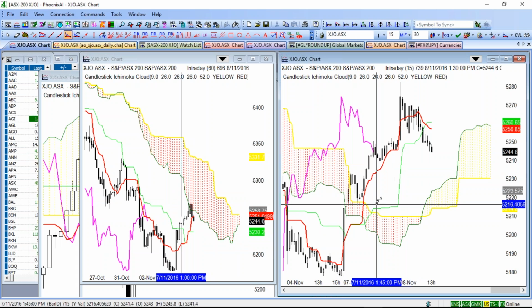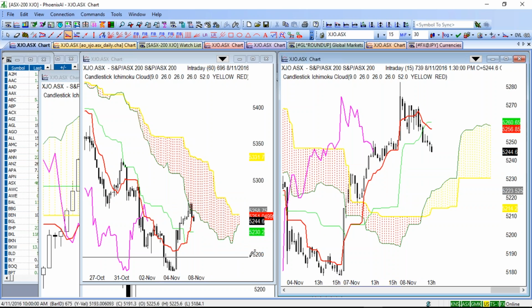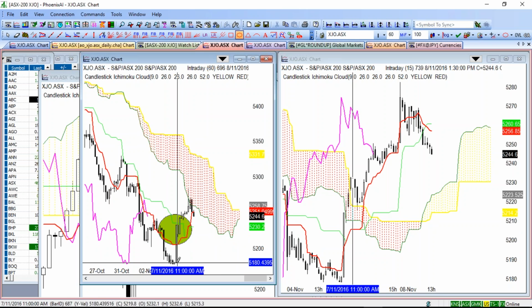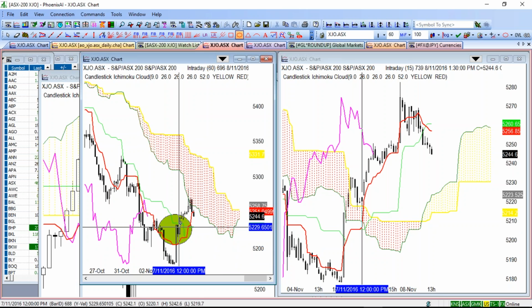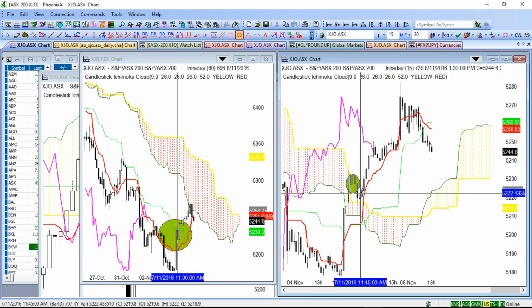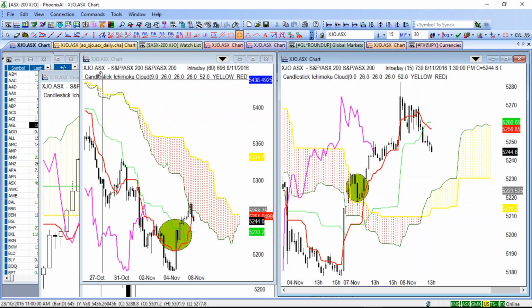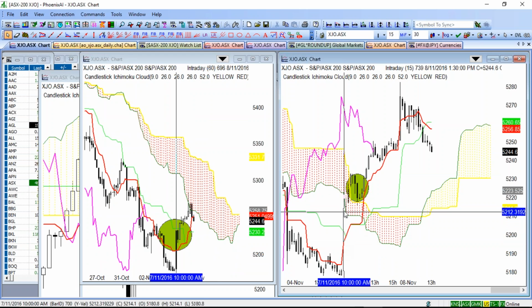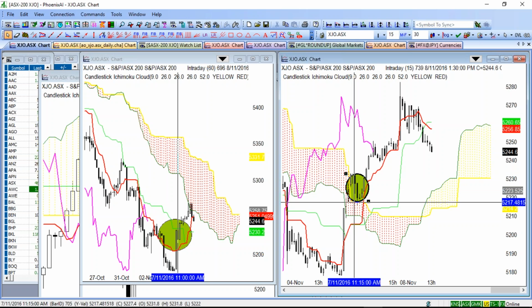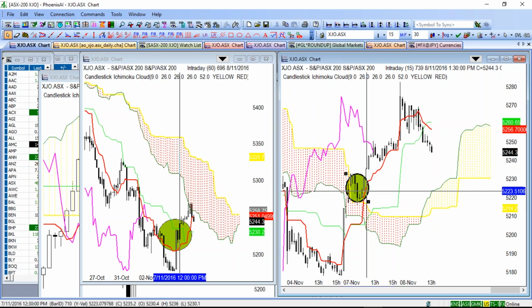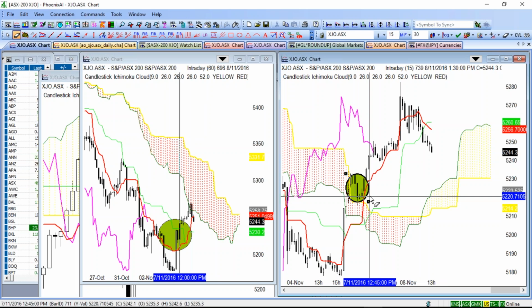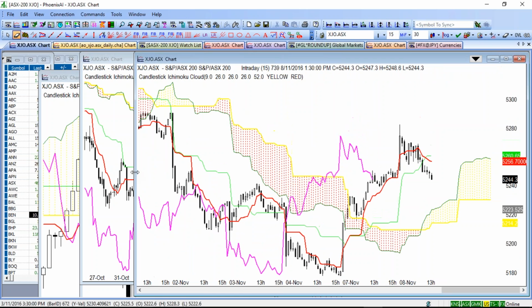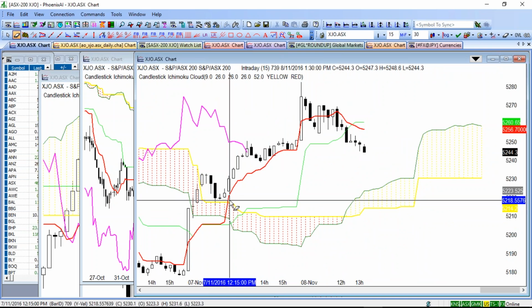On the 15-minute chart, I'll just highlight it here, it is this area here. As we had our initial rally yesterday with a small pullback, it is this area on our 15-minute chart. We saw the price here break through the cloud, come out of the cloud, and we saw the price come back and retest the support level of the B line of the cloud.